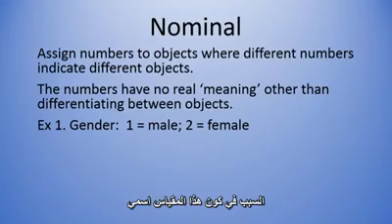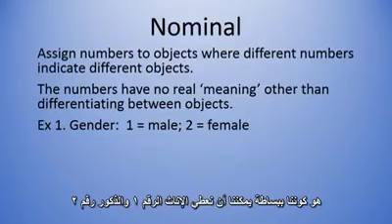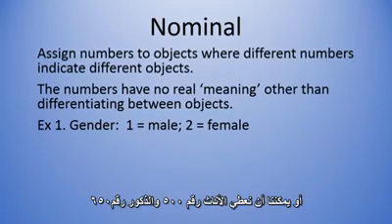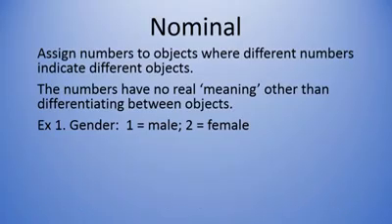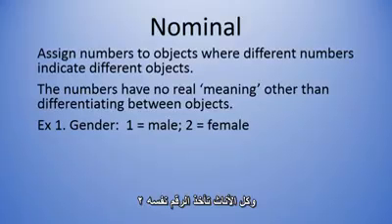The reason this is nominal is that we could have just as easily assigned females a 1 and males a 2. Or we could have assigned females 500 and males 650. It doesn't matter what number we come up with, as long as all males get the same number, 1 in this example, and all females get the same number, 2.